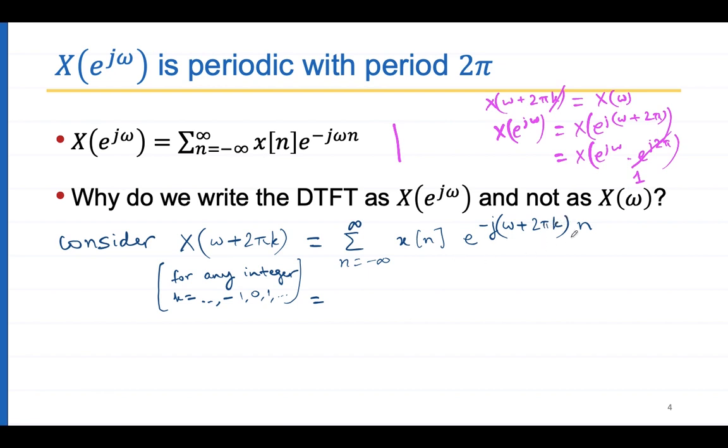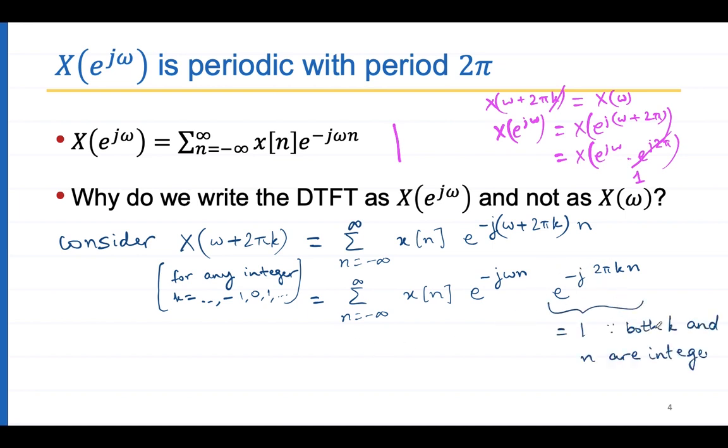Now I can open it up. I can split it into e^{-jωn} and e^{-j2πkn}. This whole part is the same as X(e^{jω}), but the other part is equal to 1 because both k and n are integers. So e^{-j2π} times any integer is basically 1, right? Therefore this is just X(ω).